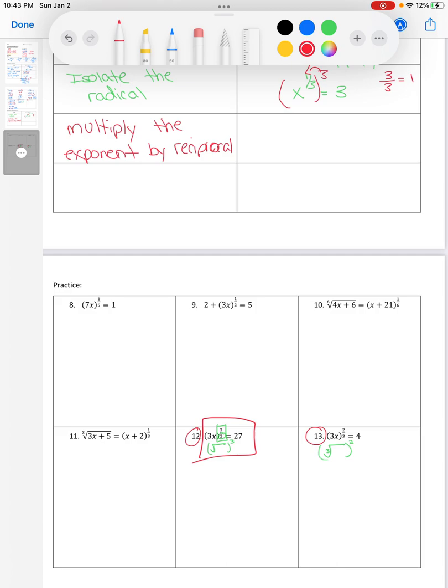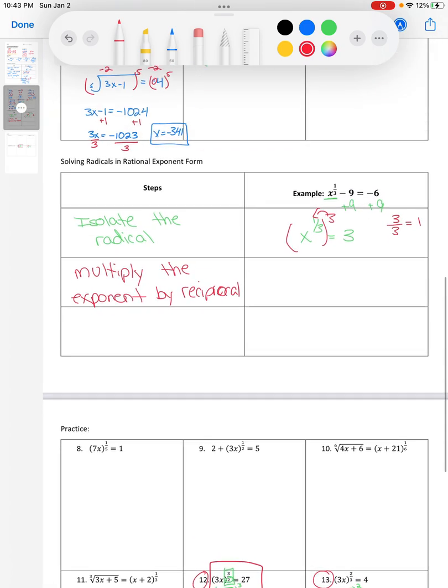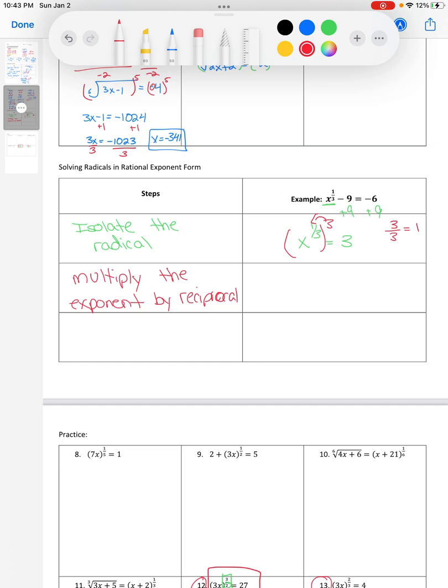So get rid of the 2 and then get rid of the 3. It might make it a little bit simpler for you. But here, since we only have one number we really need to get rid of, we'll do that. So we'll put 3 on both sides. We're going to have x equals 3 to the 3, which is 27.